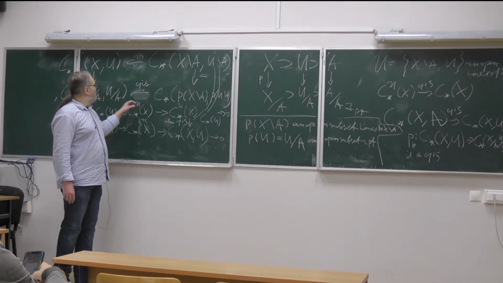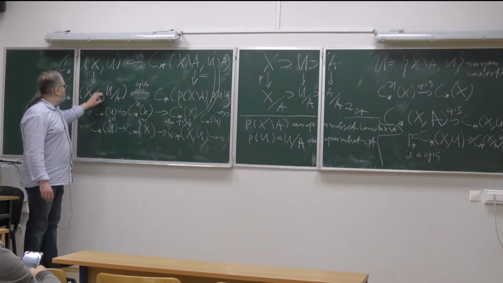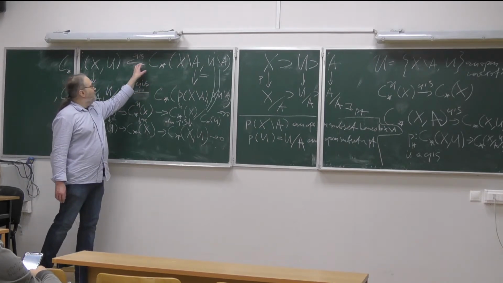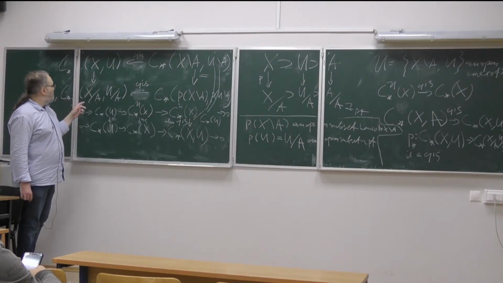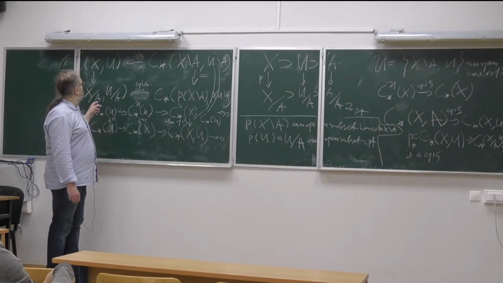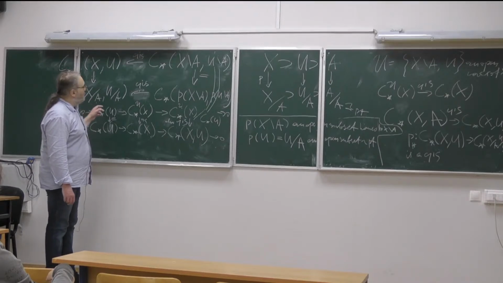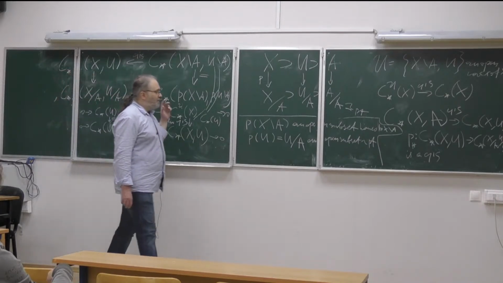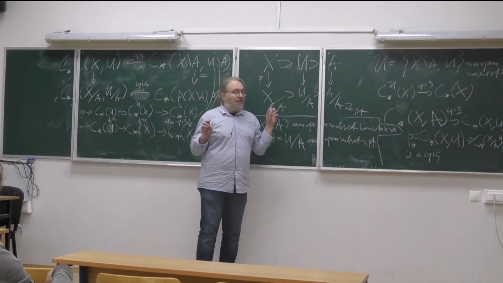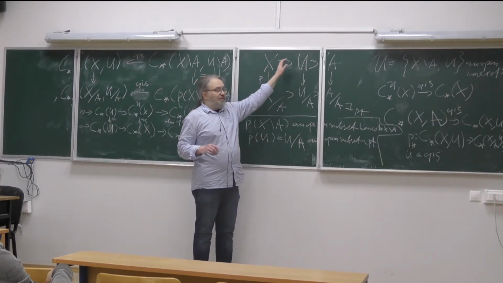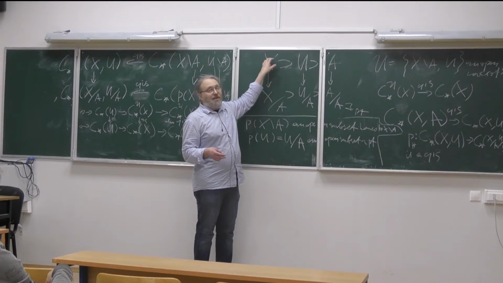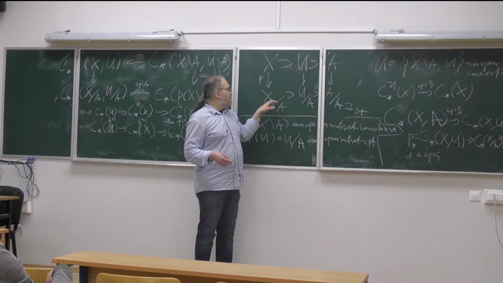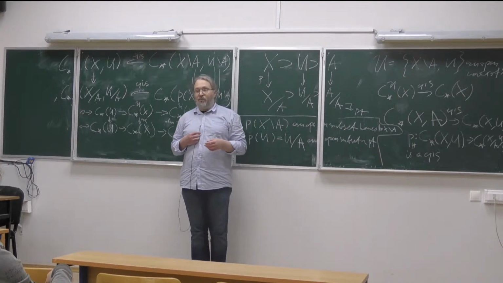Now, this is an isomorphism, so this map is a quasi-isomorphism. And okay, we'll have a break in a minute. So the conclusion is that the homology map, the relative homology of X mod U and X by A mod U by A, is an isomorphism.